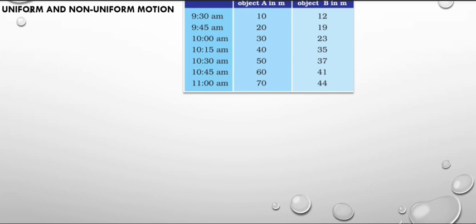Students, here we have a graph of object A and object B. In this table, we can see that object A travels, if we make a graph. Let us consider this is the time axis, and this is the distance axis in meters.